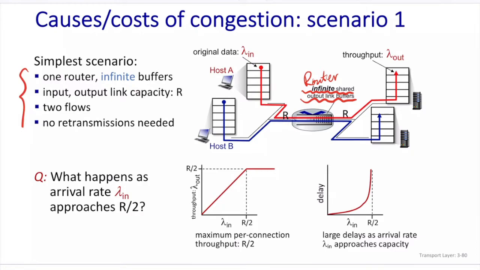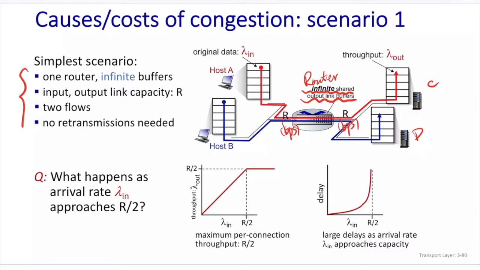So at this moment we have 4 hosts. A sets up a TCP connection to C, B sends a TCP connection to D. The transmission rate is right here, in Mbps.